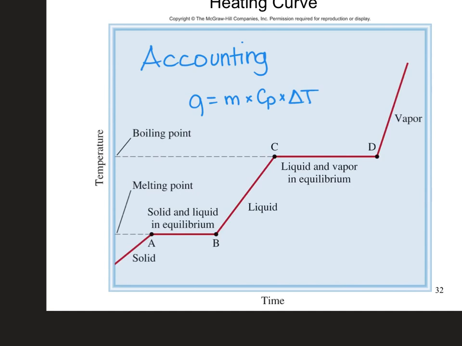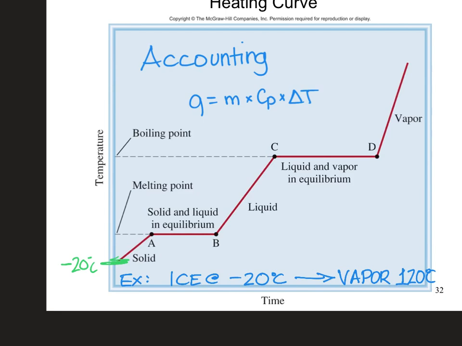And we're going to see this in a second, this is like the worst case scenario. This would be, for example, if I had, let's say, ice at negative 20 degrees Celsius that I wanted to heat up to vapor, let's say at 120 degrees Celsius. So using my little heating curve here, this would be my negative 20 degrees Celsius, where it's a solid, cold ice.